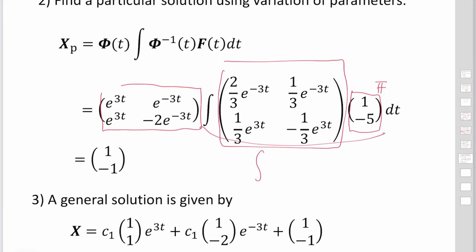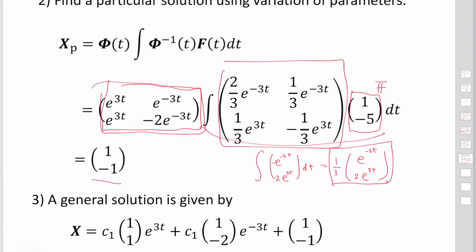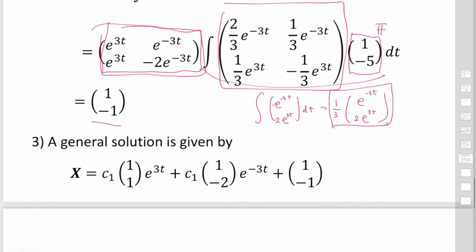This becomes the integral of e^(-3t) and -2e^(3t) dt. So it becomes 1/3 times e^(-3t) and 2e^(3t). Then multiply the fundamental matrix with this, and it becomes (1, -1). So this is the particular solution. The general solution is given by the complementary solution x sub c plus the particular solution.